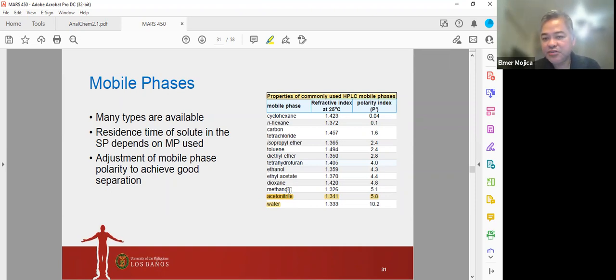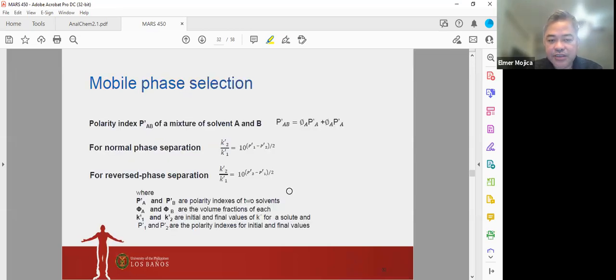So the things that you need to look at are the refractive index and the polarity index that they have here. Okay. So if you want to look at the polarity index of a mixture, this is the formula that you use.